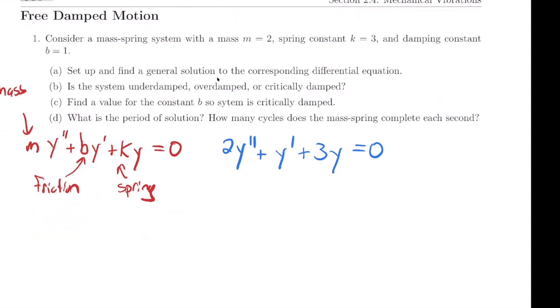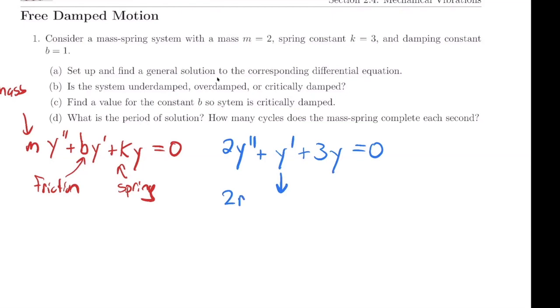If we want to solve this system, what's one technique that we can use to solve this? Quadratic formula? Yeah, so we'll use the characteristic equation type of approach. From this, we can set up our corresponding characteristic equation.